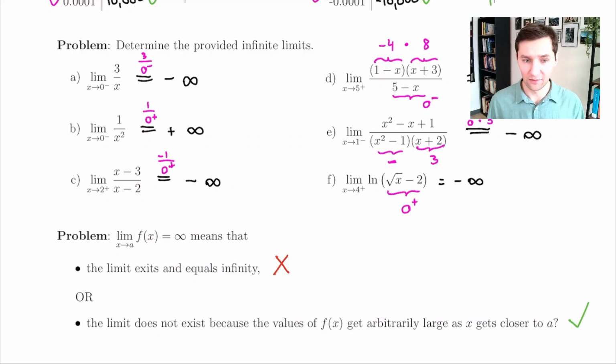Remember, a limit is a number. Infinity is not a number. So when people write that the limit is infinity, they say the limit does not exist. It just doesn't exist in a special way. It doesn't exist because the values of the function get arbitrarily large as x gets closer and closer to a.